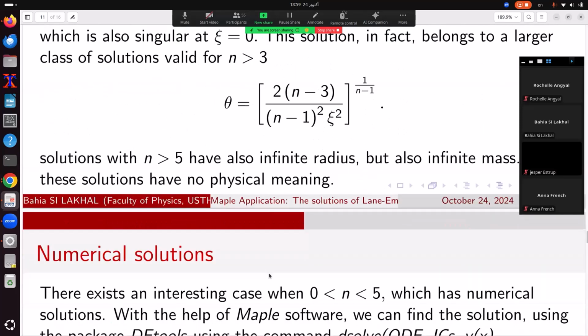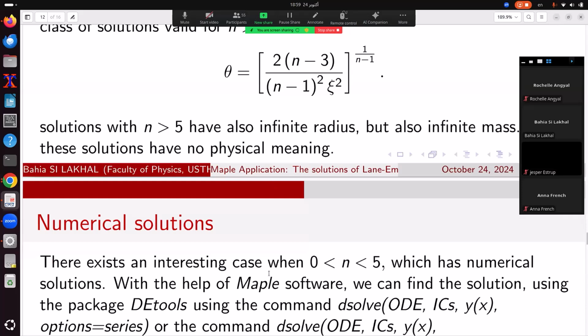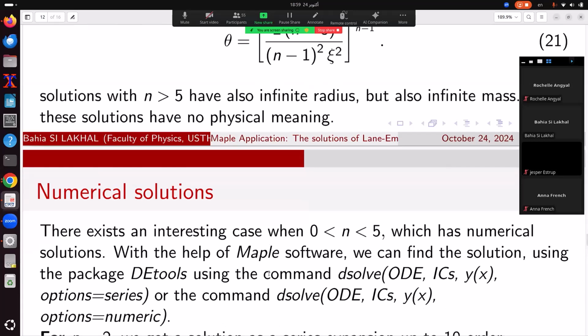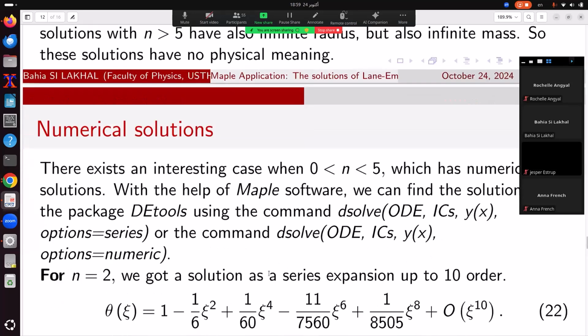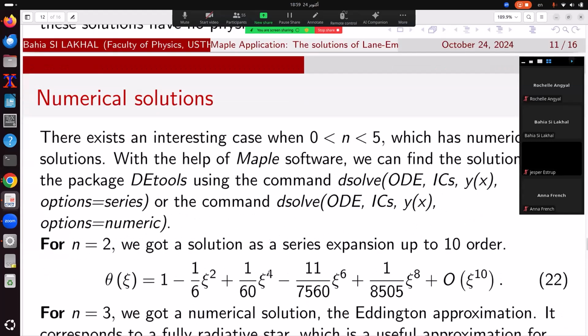Now, there exists an interesting case when the polytropic index is in the range between 0 and 5, which has numerical solutions. So with the help of Maple software, we can find the solution using the package tools, using the command dsolve with either the option series or the option numeric.